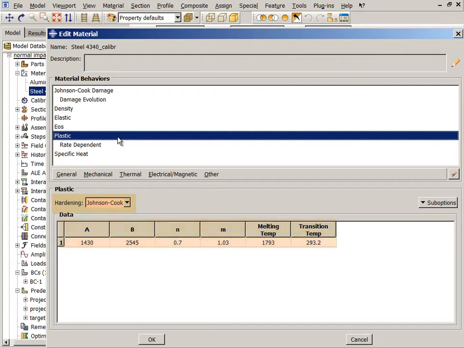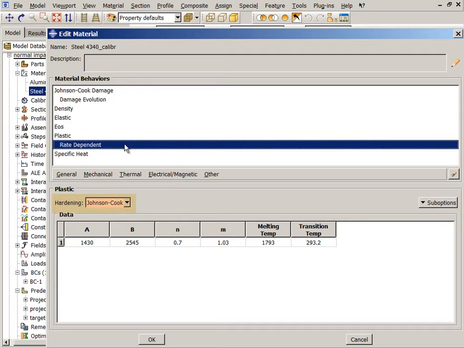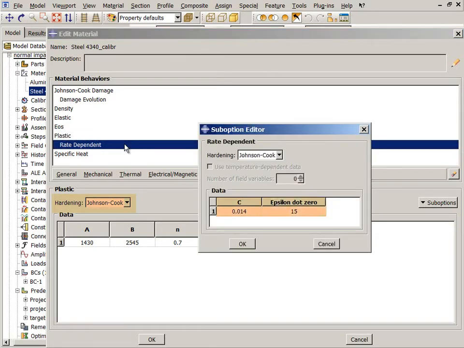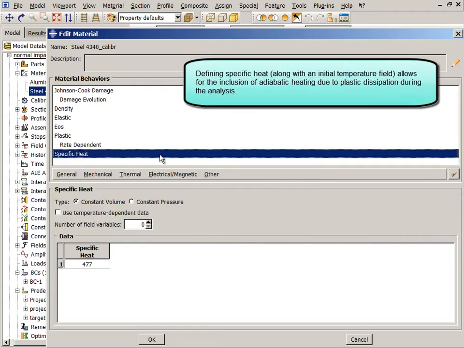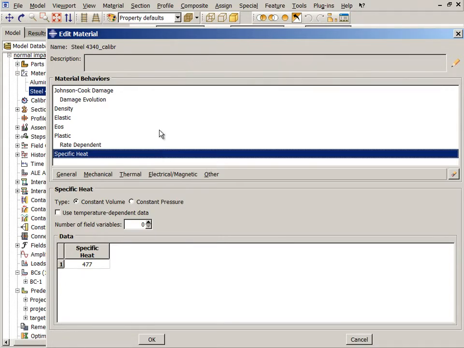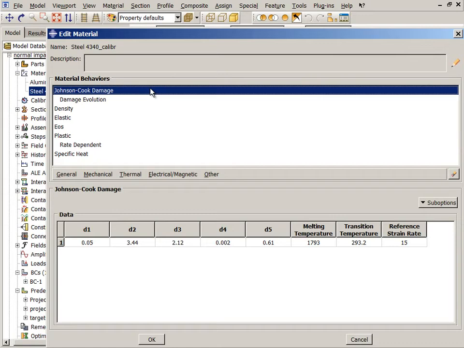These parameters define the plastic hardening, while parameters C and epsilon-dot-0 define the rate dependence. Defining specific heat, along with an initial temperature field, allows for the inclusion of adiabatic heating due to plastic dissipation during the analysis. To simulate failure, the Johnson-Cook dynamic failure model is used.